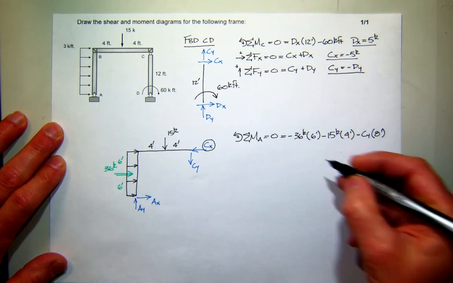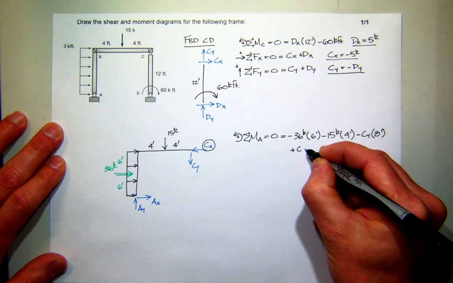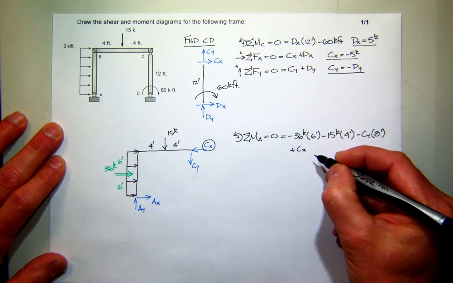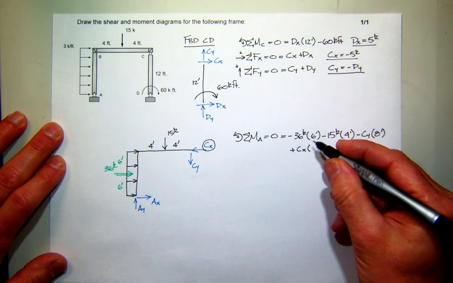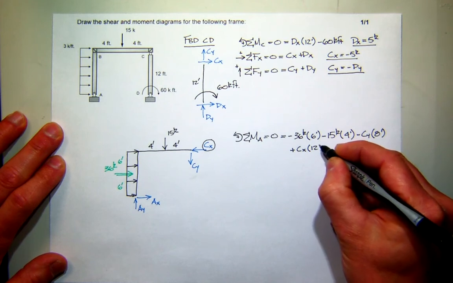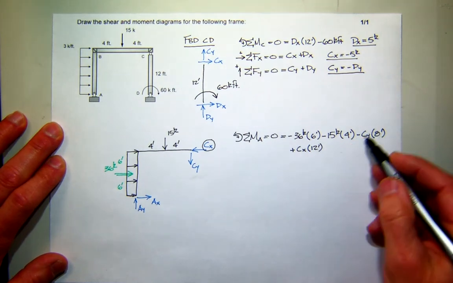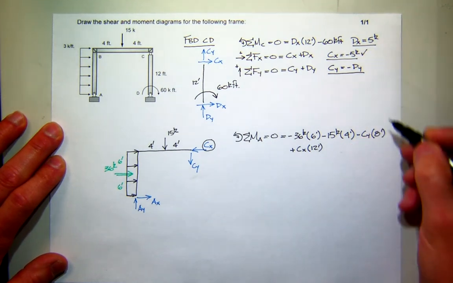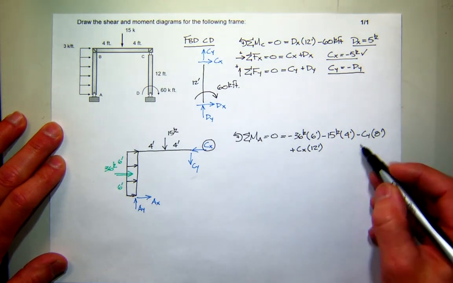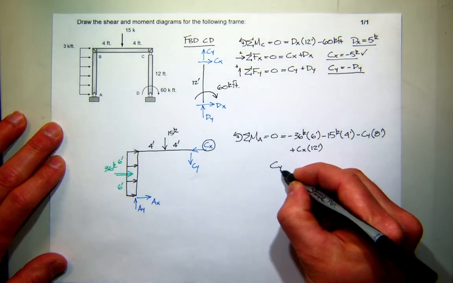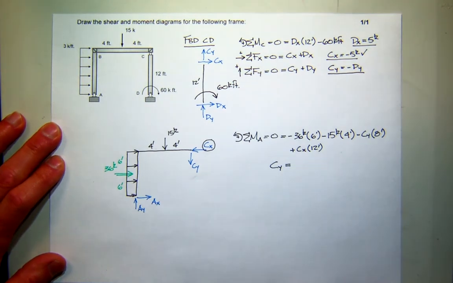And then I have CX, which actually creates positive moment in this configuration. And it has a moment arm of the height, which is 12. Looks like one equation and two unknowns, but we know CX. So if you put a minus 5 in here, you should be able to solve for CY. Can somebody do that?